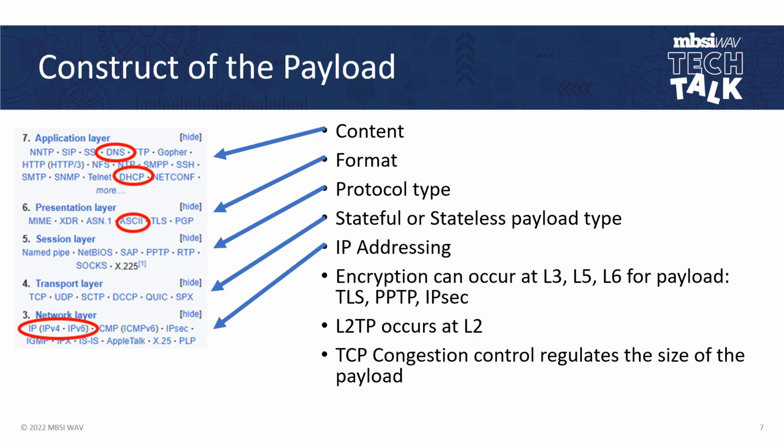once the session layer has done its job, the traffic is handed to the transport layer, in which case addressing and the transport type are generated, whether it's TCP or UDP or secure, with a number of different protocols listed there. It's handed down to the network layer at that point.